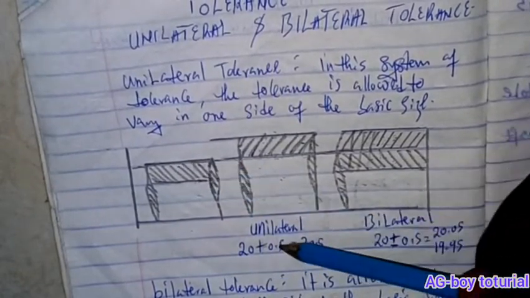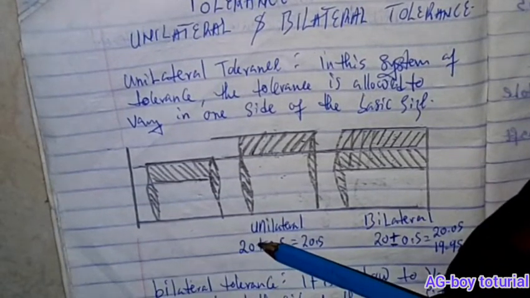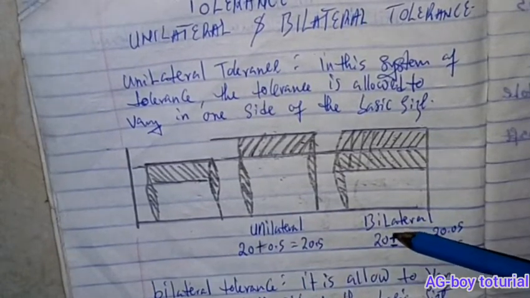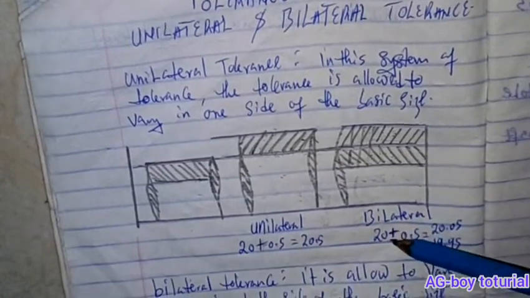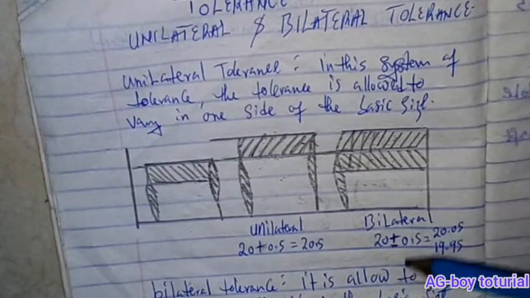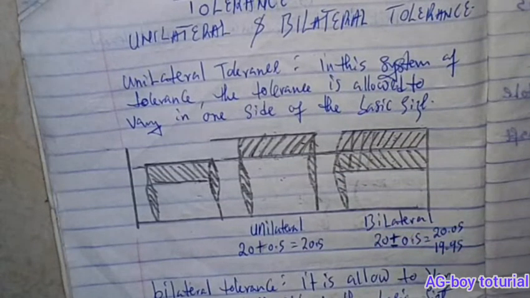Understand? So that's the difference. That's why I say it's going to be either positive or negative, while for bilateral, it's going to be a positive up and a negative down. That's the difference between the bilateral and the unilateral using this diagram.